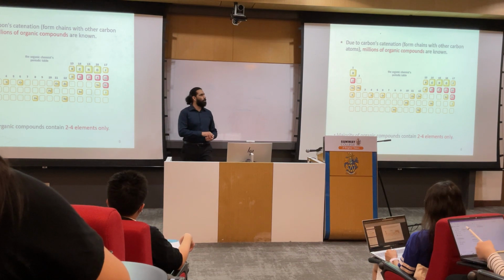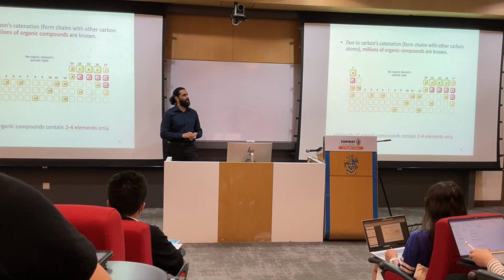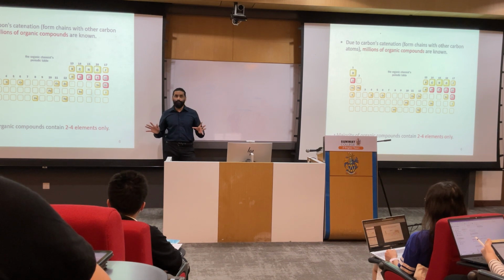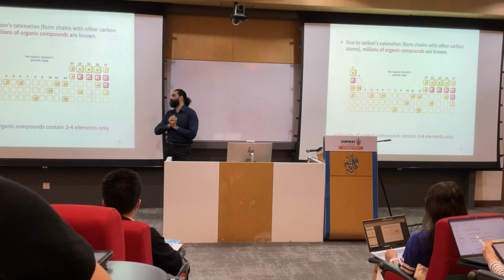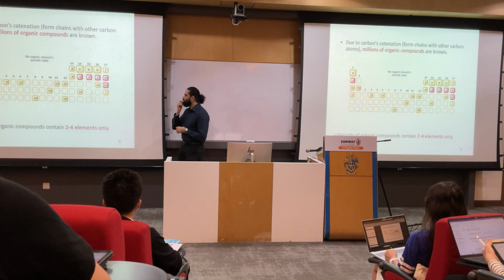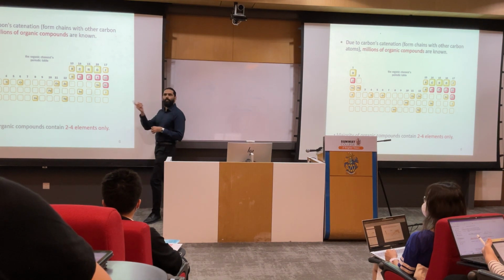So at this point of our class, I generally ask this question. Can you all look around in this room and give me an example of what you think is an organic compound? Cellulose. Where do you see cellulose? In the door.